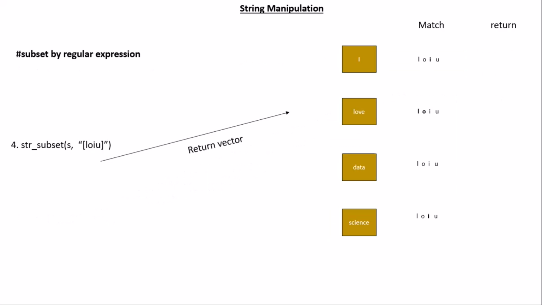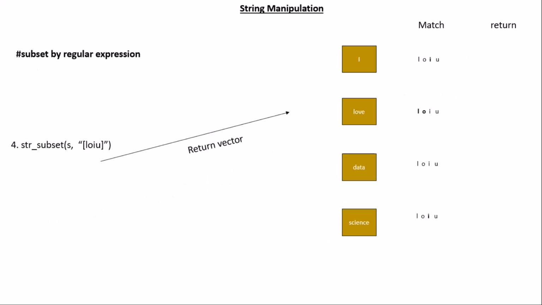When you run this, it goes to the first box and matches with the expression characters L, O, I, U. In the first box there is only the capital I. R is a case sensitive language, that's why small i and capital I are two different things, so it does not match. So it does not return anything.